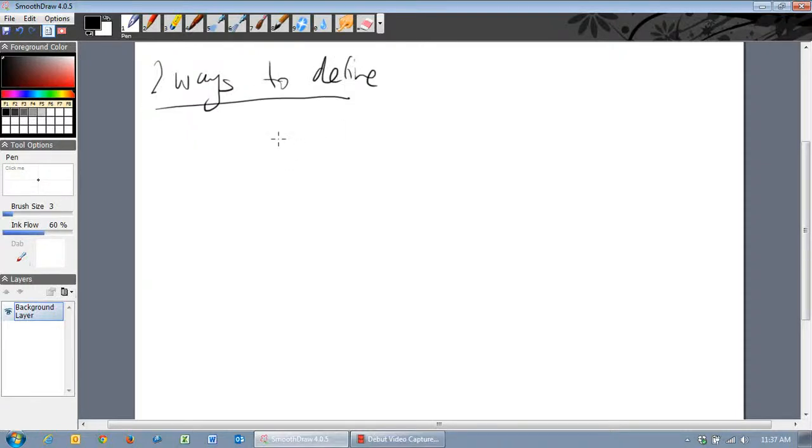Okay, so let's just look at a sequence. Let's have a look at this sequence here. So 4, 7, 10, 13, etc, etc, etc. Okay, how can we define this? Well, we need to just have a think about a few things first.